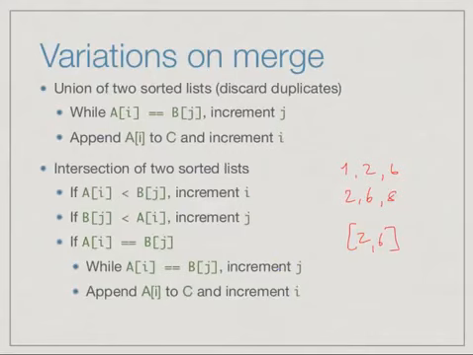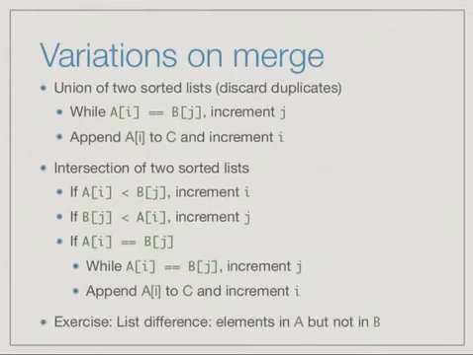So merge can be used to implement various combination operations on lists. It can be used to take the union of two lists and discard duplicates. It can be used to take the intersection of two lists. And finally, as an exercise to test that you understand it, see if you can use merge to do list difference. So list difference is the following operation. If I have say 1, 2, 3, 6 and I have 2, 4, 6, 8, then list difference is all the elements in the first list which are not there in the second list.